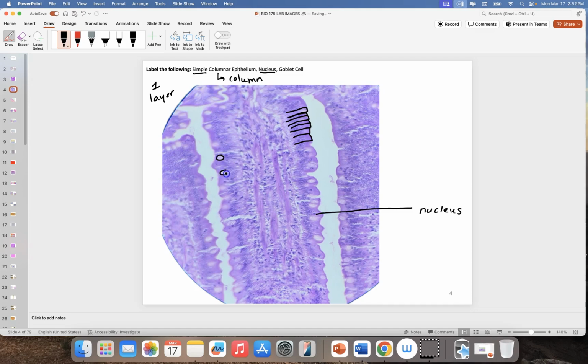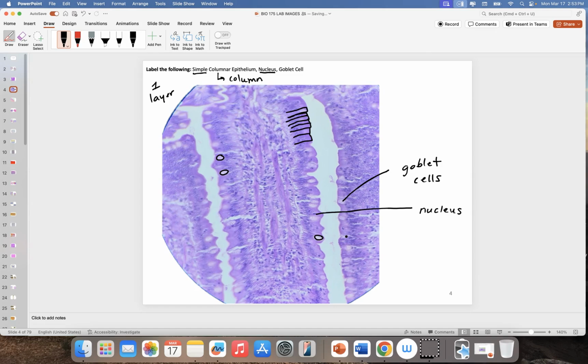We can see these cells that look kind of open and empty, even though they are not. These are known as goblet cells. And you may also hear them called mucus cells because they do make mucus.